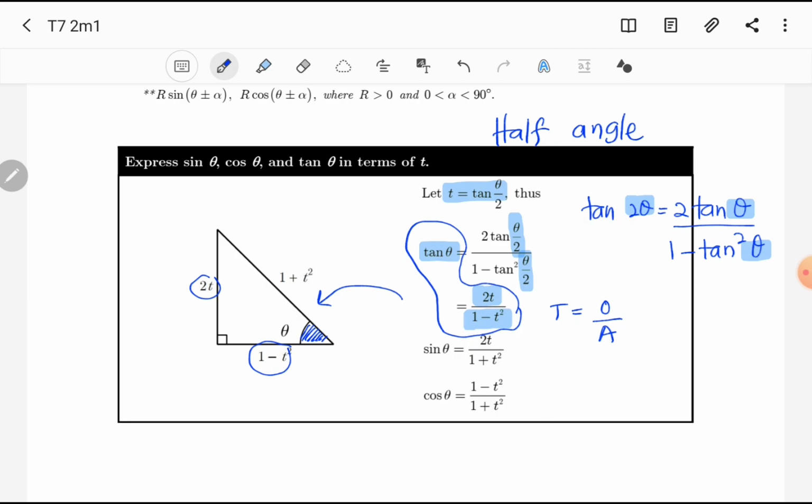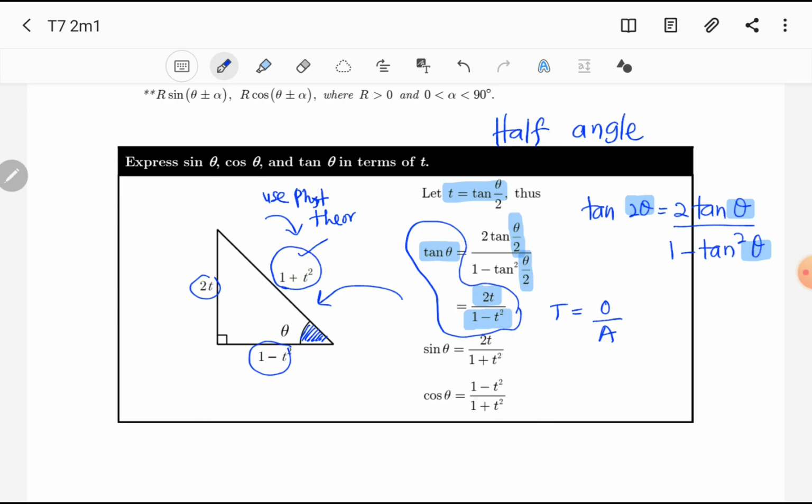Next, by using Pythagoras theorem, awak akan dapat hypotenuse is 1 plus t square.